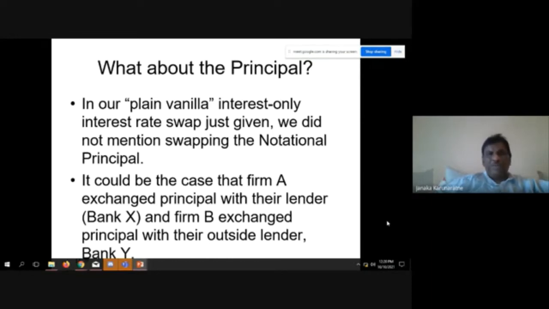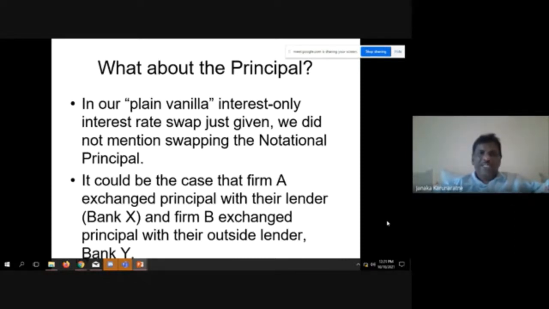So what about the principal? In our plain vanilla interest rate swap, we just gave the interest rates. We did not mention any swapping of the notional principal.